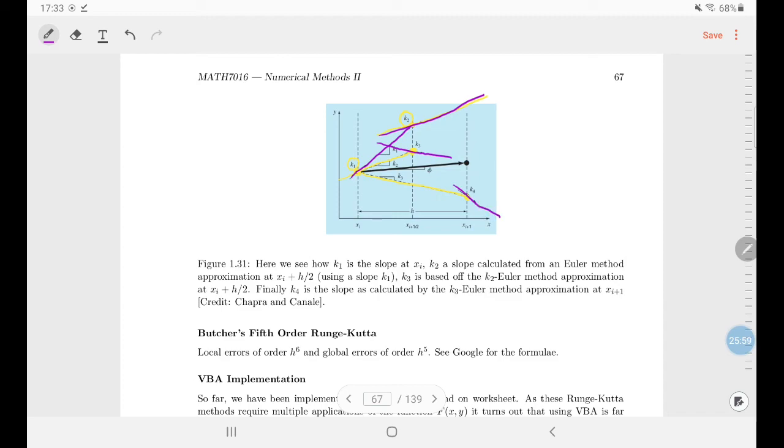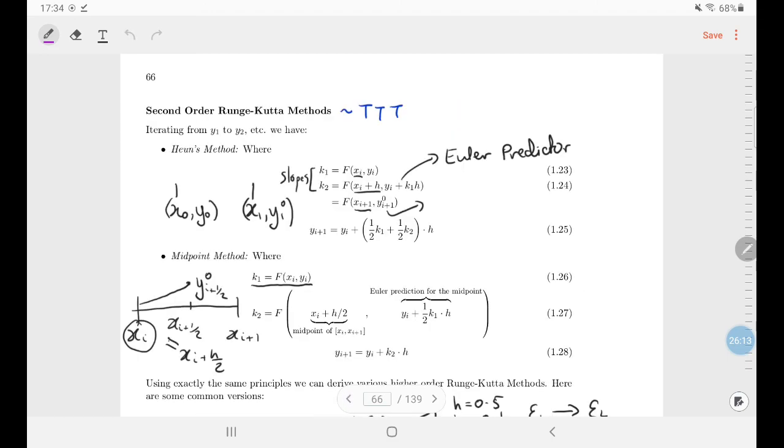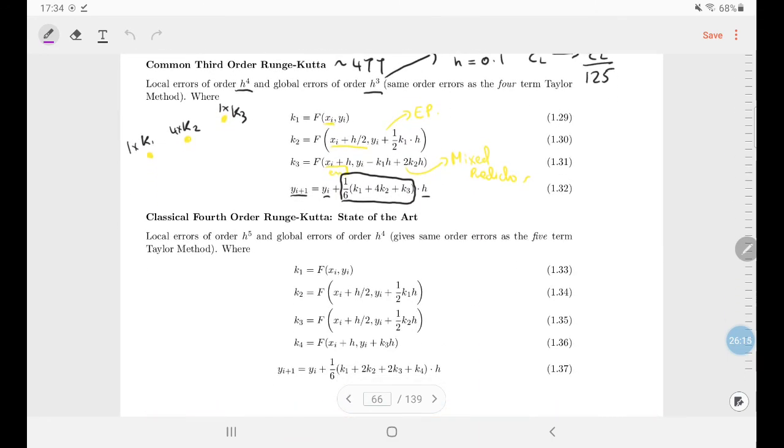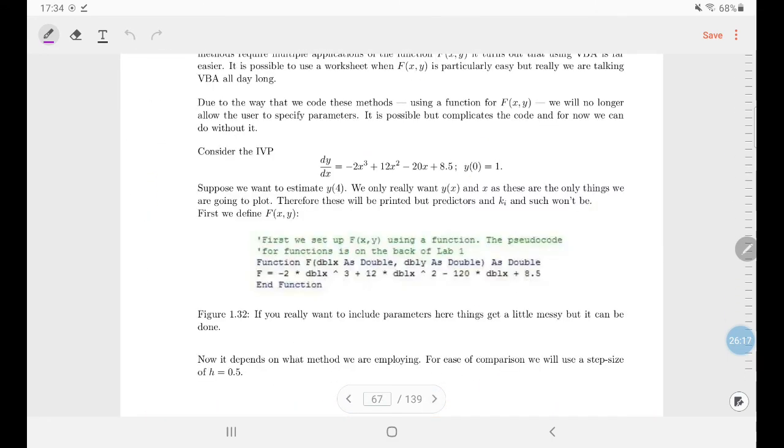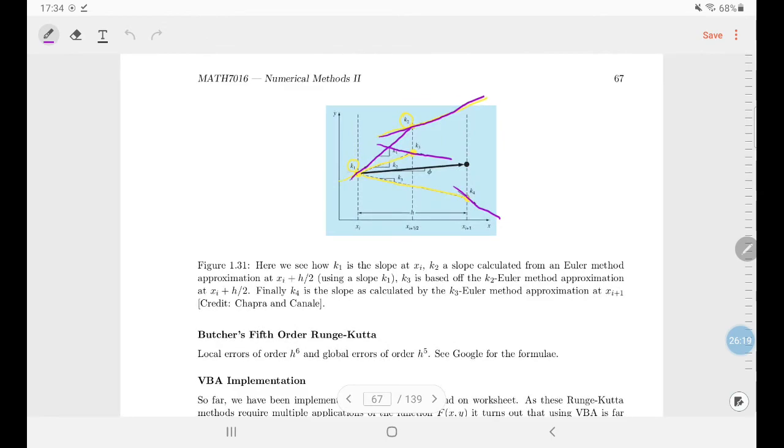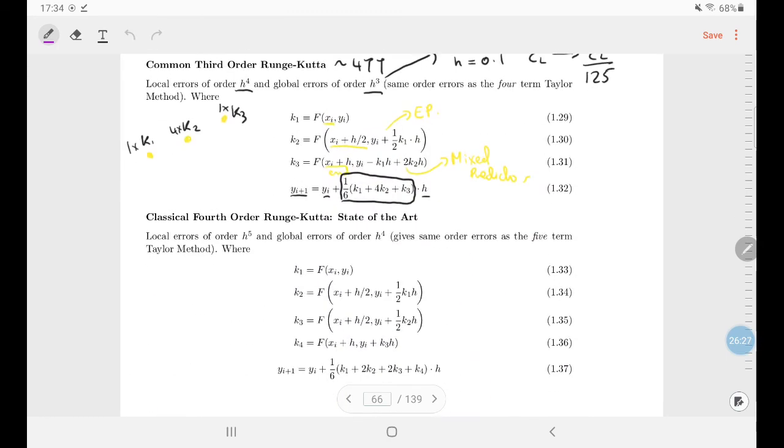So you've got one slope at the start, which is kind of poor, a slope at the midpoint, which is okay, an improved slope at the midpoint, which is even better, and then a slope at the end point, which is pretty good. Then you average all of those slopes: one of them, one of them, two of them, and you end up with this.